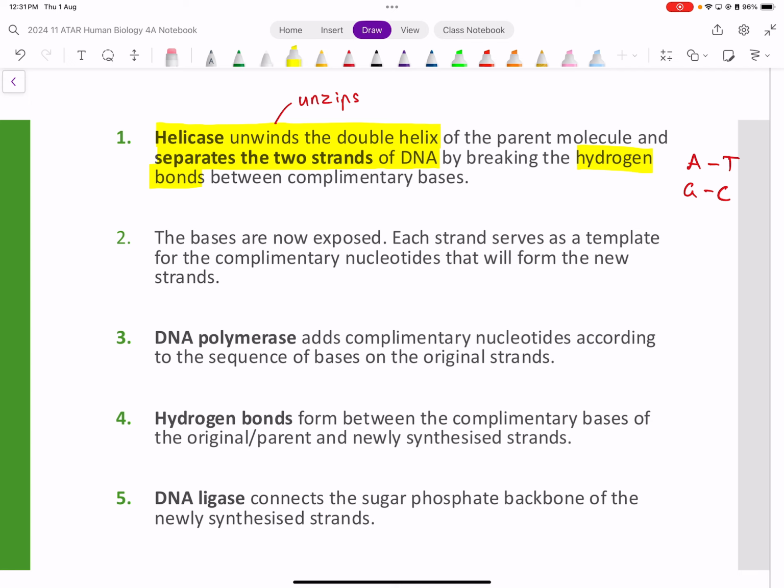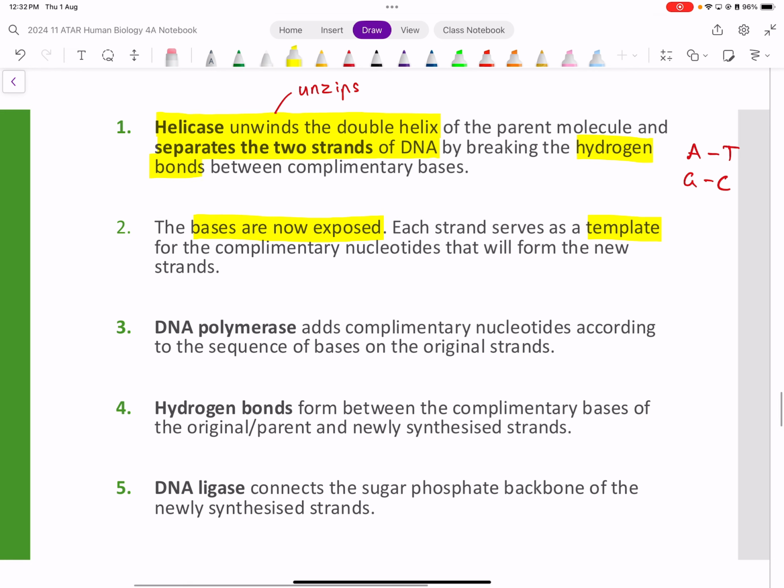Now that we've unwound our DNA, all of our bases are exposed. And this is great news for our DNA polymerase. Each strand, so both our template and our coding strand from that original parent molecule, are now going to act as a template. So both of these strands will act as a template.